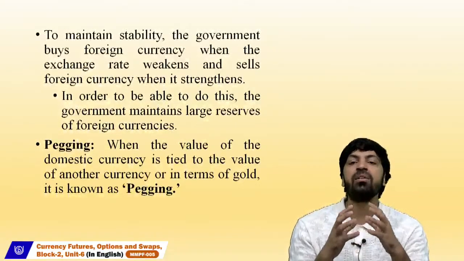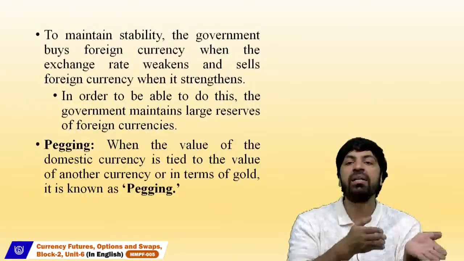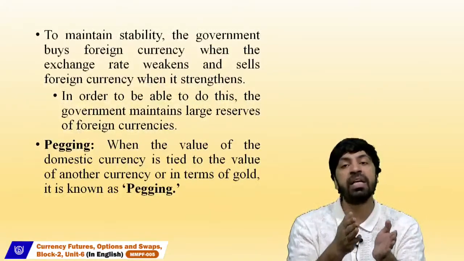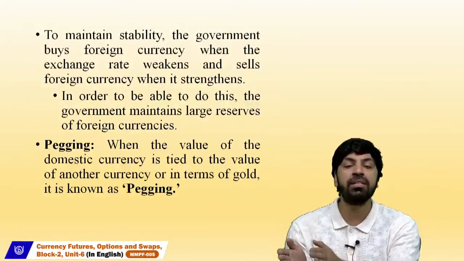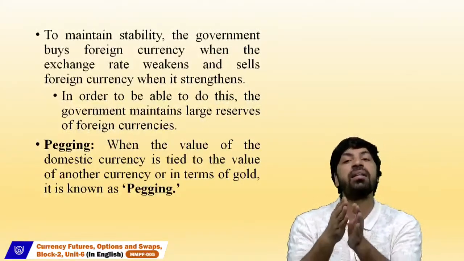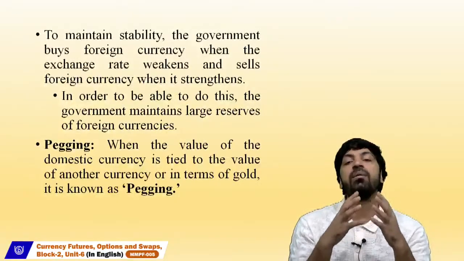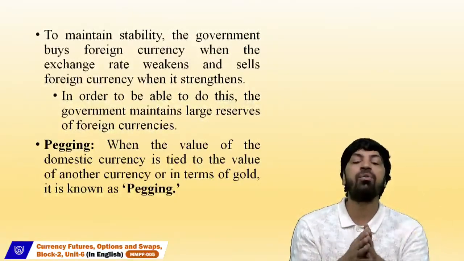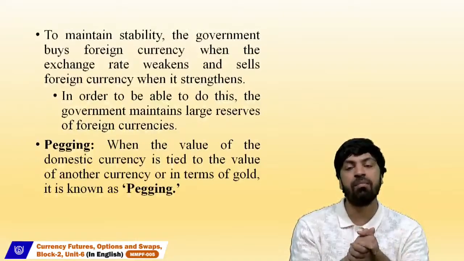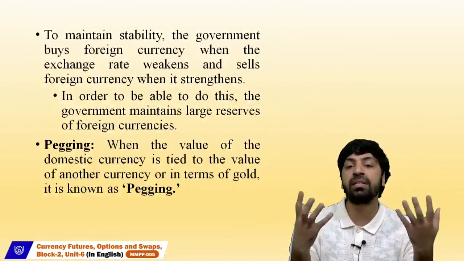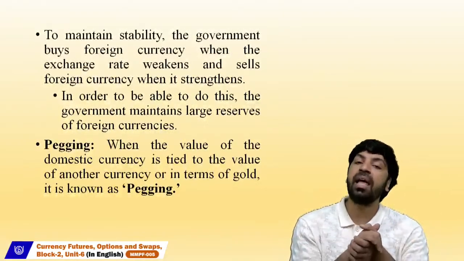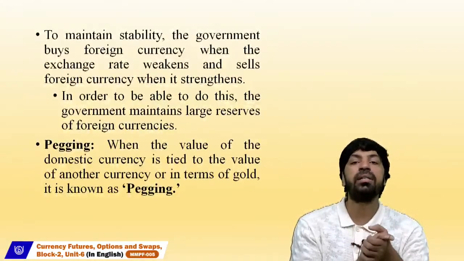So pegging is all about relating the value of one currency to the value of another currency. We can talk about it in terms of gold, in terms of silver, or in terms of any other standard, and that is called pegging.